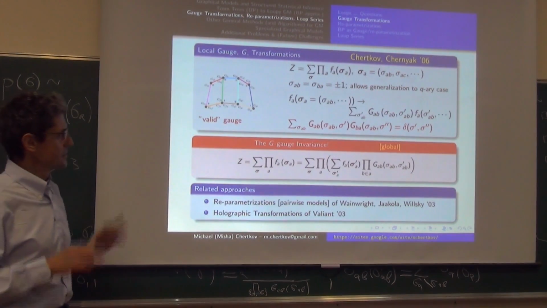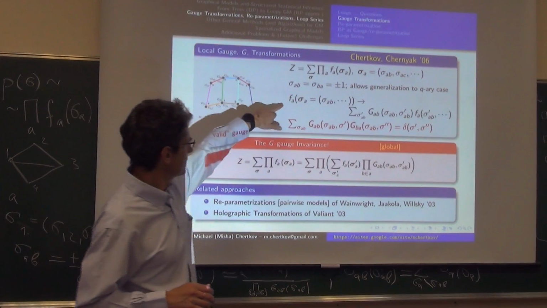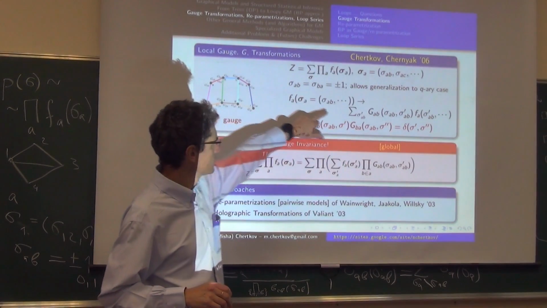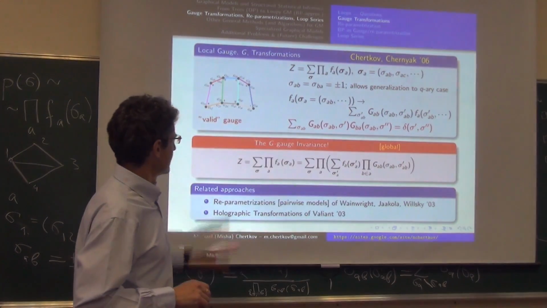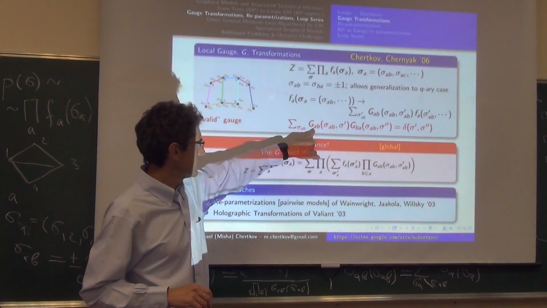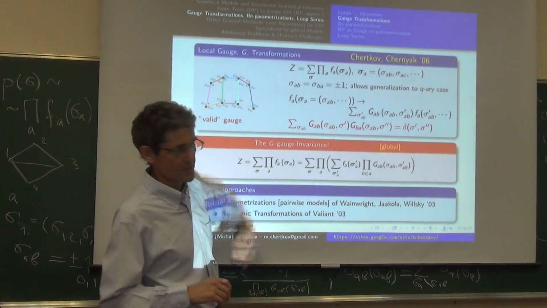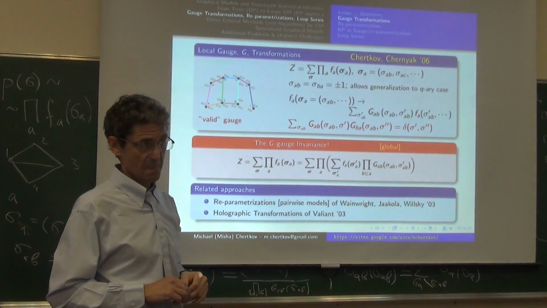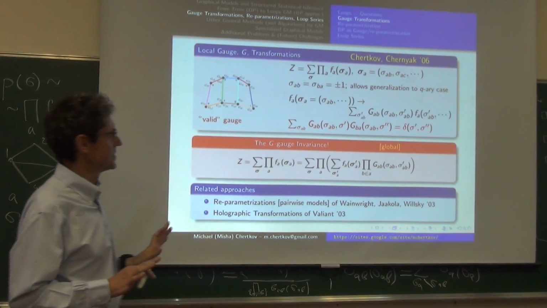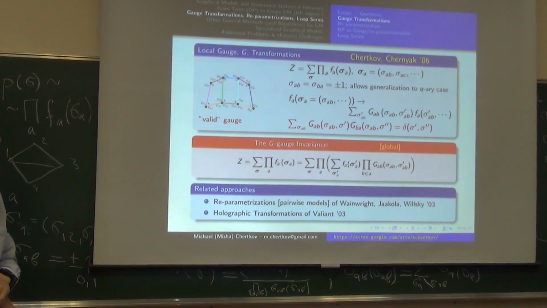Okay? So the statement is that if I modify my factor in this form, introducing any G's satisfying these conditions, my partition function will stay invariant. So I'll not be changing the partition function.